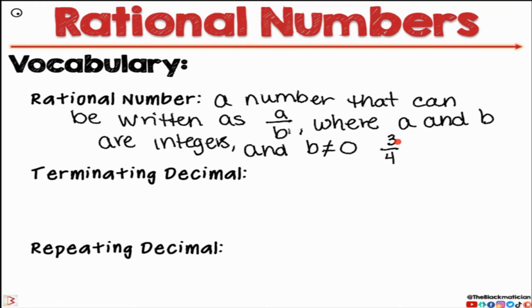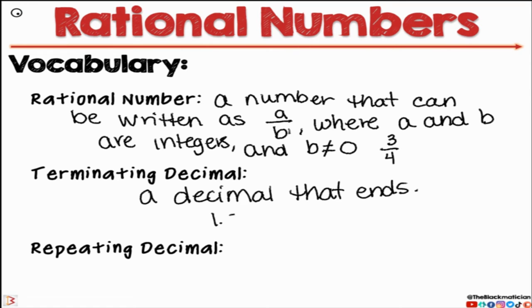That's a rational number. Another way to have a rational number is as a decimal, and there are two types of decimals. A terminating decimal is a decimal that ends, like 1.5, negative 0.25, 10.325. Those are all terminating decimals. The other one is a repeating decimal.